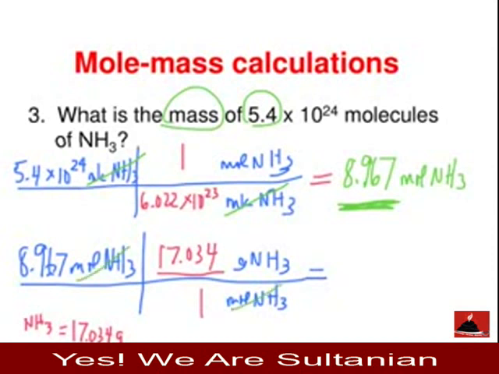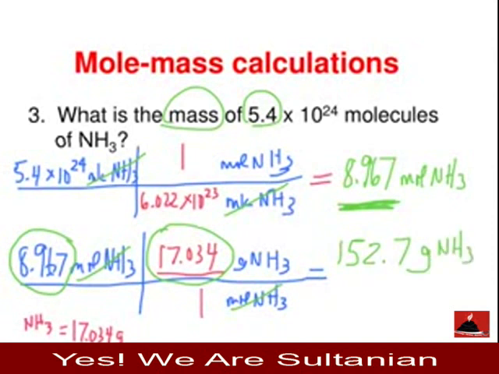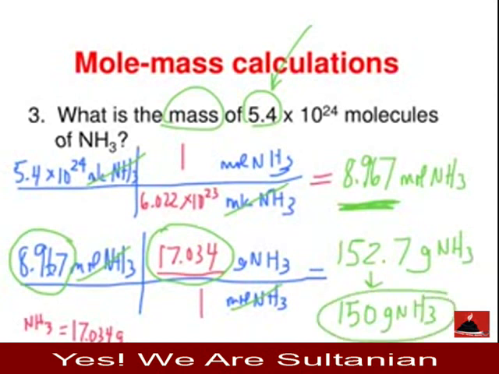Notice the moles cancel, so it's now telling me I need to take my mole amount, 8.967, and multiply it by 17, and I'll have my final answer. And our final answer is 152.7 grams of ammonia. And if I wanted to make sure that that was in the correct amount of sig figs, there are 2 here. I'd have to round this to 150 grams of ammonia. And that's it. So that's an example of a 2-step problem where you have to convert to moles right in the middle.